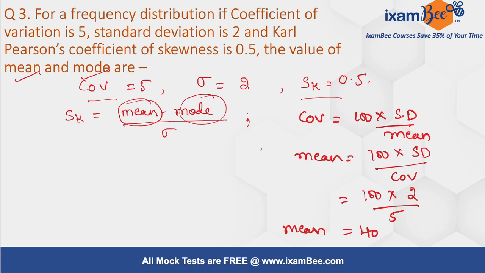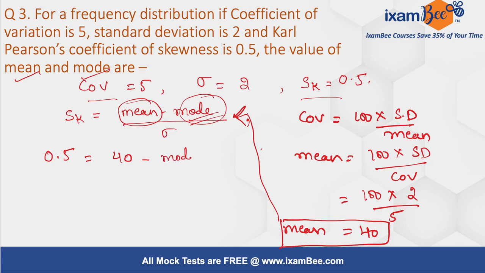Now let's use this value and put it in this formula to find the value for the mode. Skewness coefficient is 0.5, mean now is 40. We have to find the value for mode, and standard deviation is given 2.